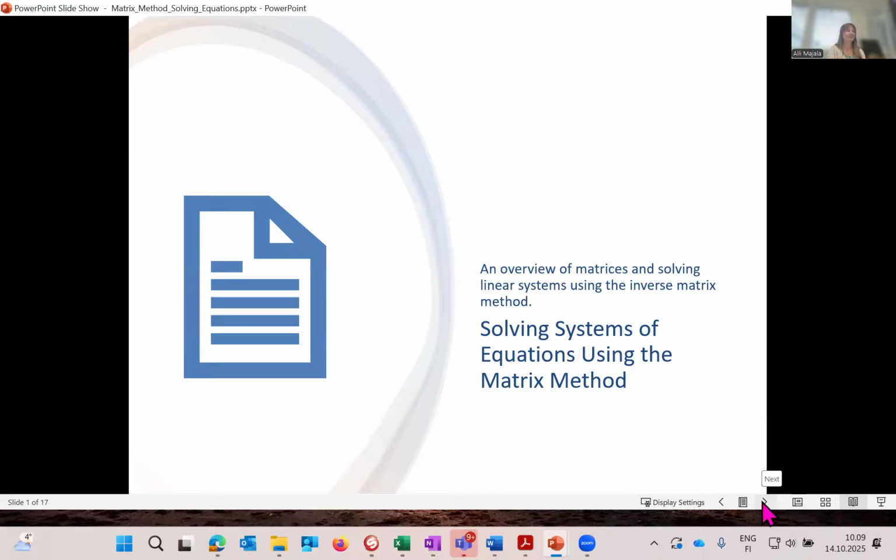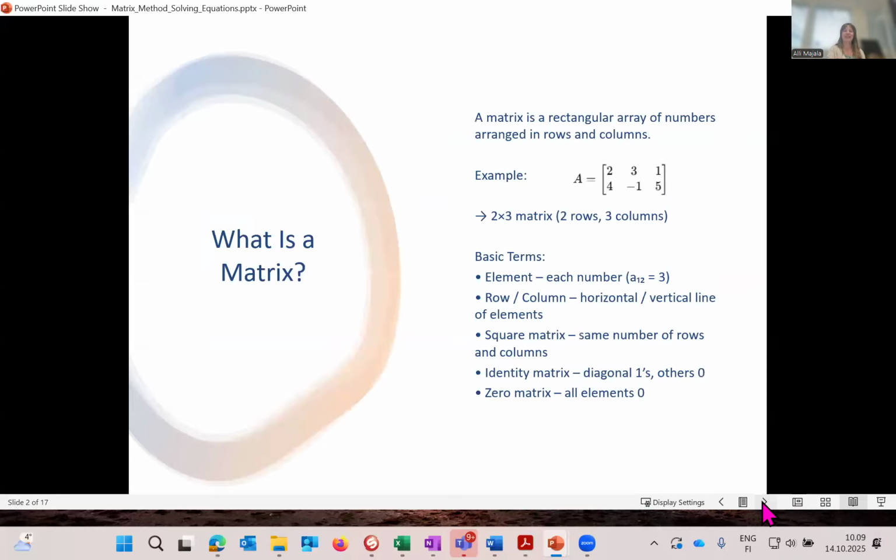So a matrix is this kind of array of numbers arranged in rows and columns. This is how it would look like. There would be, for example, a matrix A. This is something where you can organize some numbers, and usually you also want to solve something.